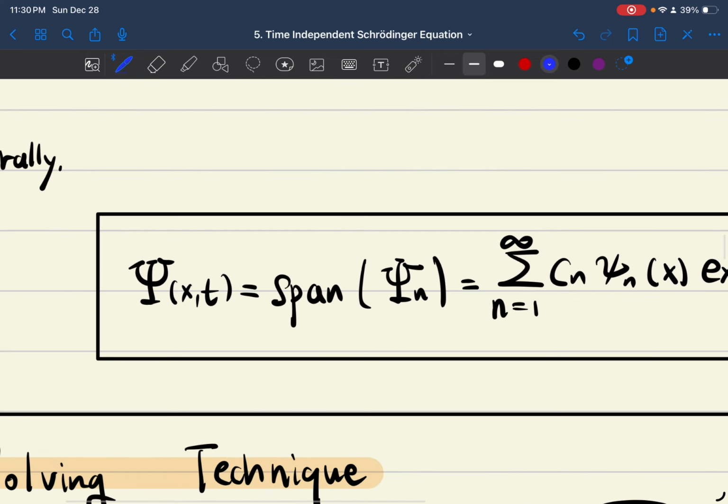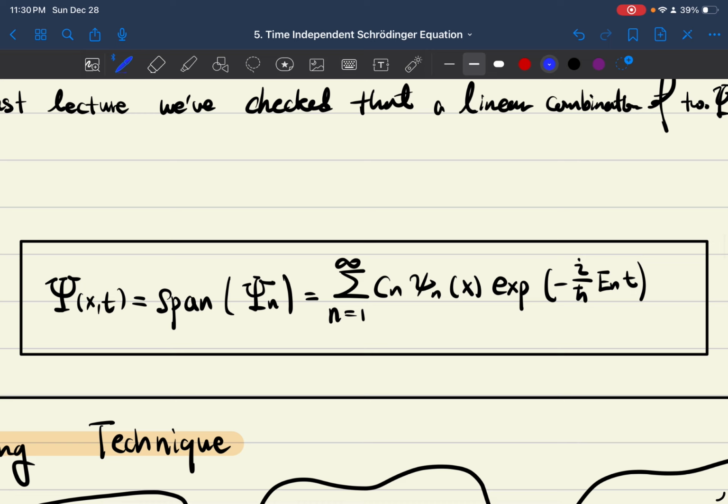Generally, the general solution psi is the span of these psi n, which means all possible linear combinations of these psi guys. Fairly easy. And here is also the linear algebra. So linear algebra is so important to study quantum mechanics.